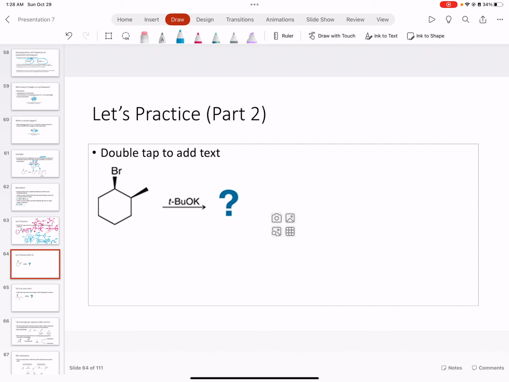Okay, so then let's see. We have an alpha, and then we have a beta and beta. So remember, in here we want our leaving group on a wedge, and then our hydrogen on dashes.